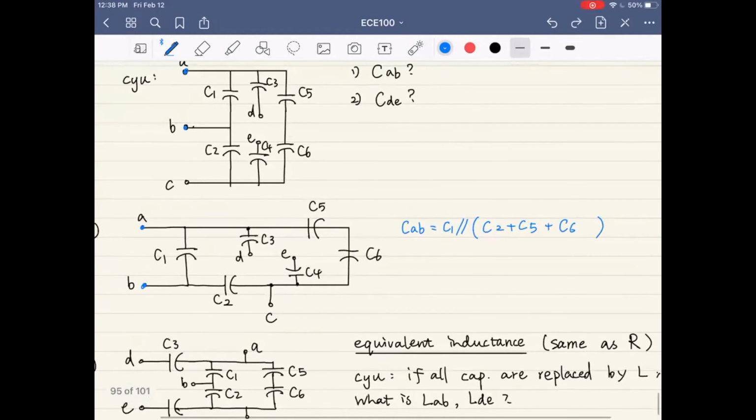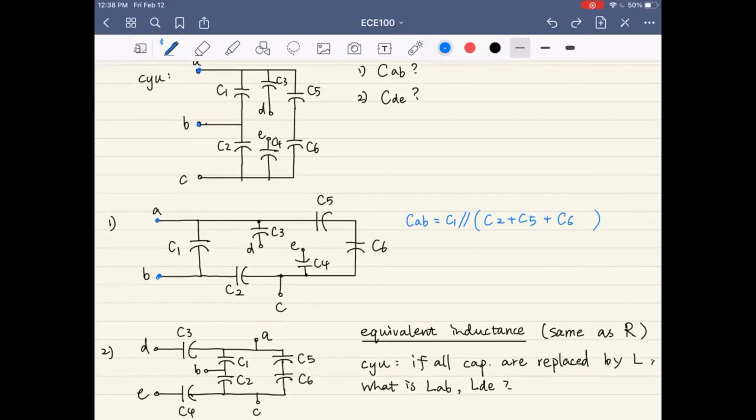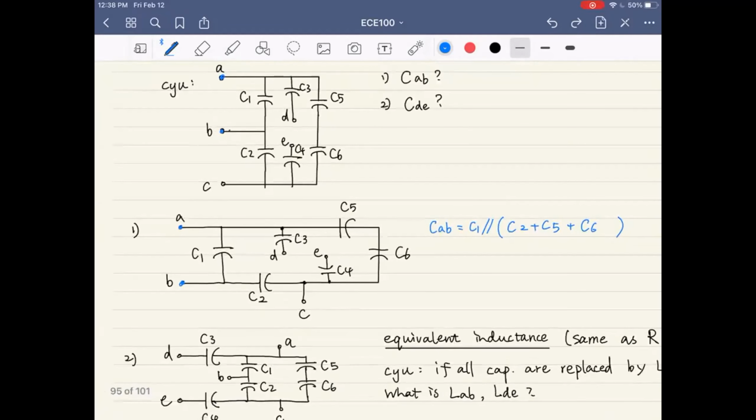And for CDE, it is a little bit harder because we have D and E in the middle. But imagine that you can drag this end out to the left.